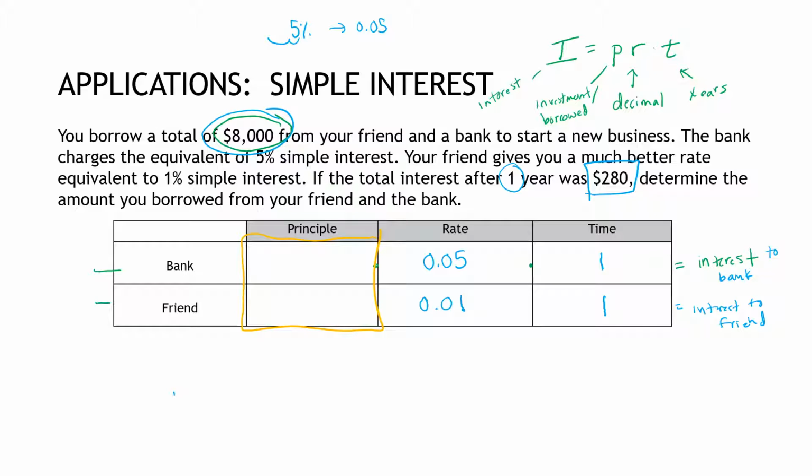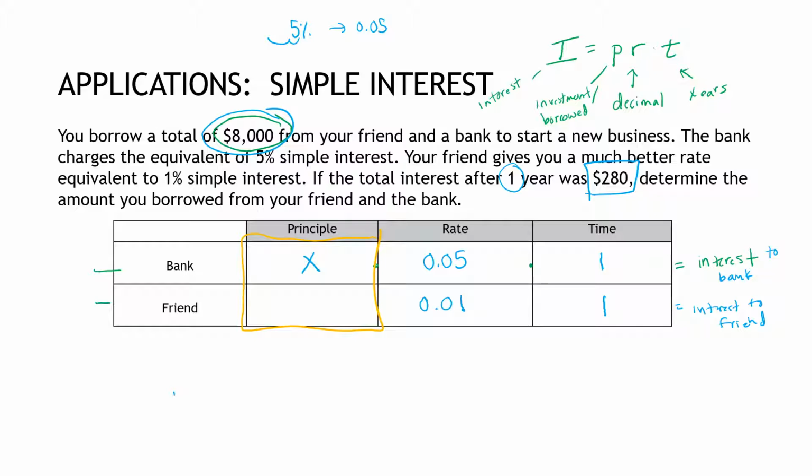I know that the total is 8,000. So what I'm going to do is something called assign my variables. I'm going to say that X is going to be the amount of money that I borrowed from the bank. And I could have chosen that for the bank or the friend. I chose it for the bank. Now, if X is how much I borrowed from the bank, what did I borrow from my friend?